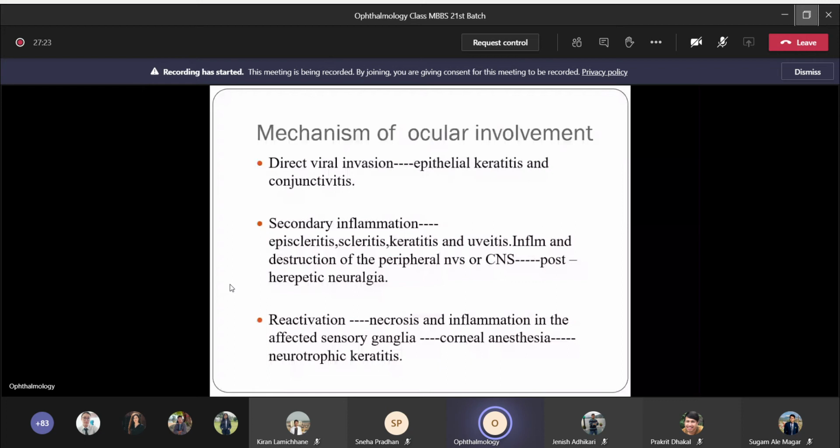The other one is reactivation, which causes necrosis and inflammation in the affected sensory ganglion, and that leads to corneal anesthesia and neurotrophic keratitis.